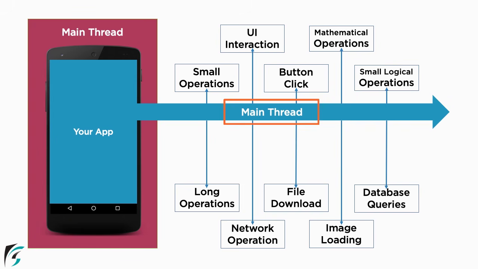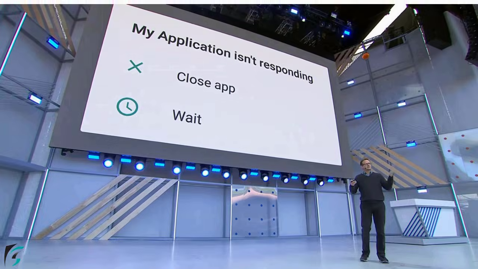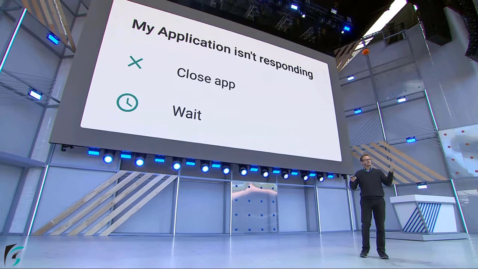And when your main thread gets blocked, then your application will freeze. In simple words, your application will get hanged. And in case if your main thread remains blocked for a longer time, such as 5 seconds or something, then eventually your application will shut down with a crash message.